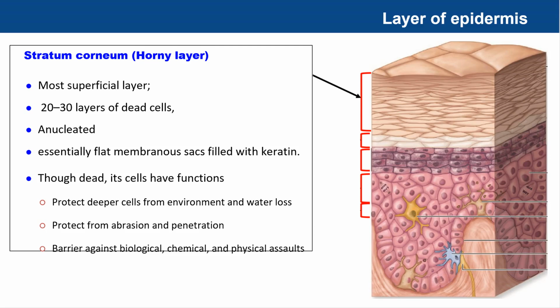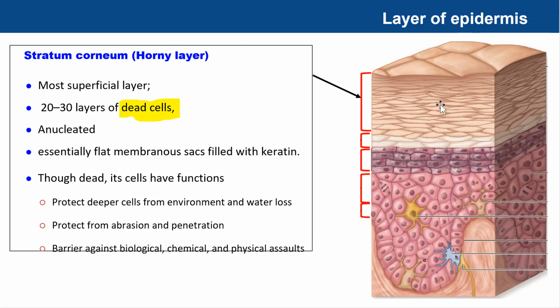A stratum corneum or horny layer. This is the most superficial layer, which has about 20 to 30 layers of dead cells. Yes, dead cells. Because you cannot find any nucleus here, there are no organelles inside of these cells, and these cells are just filled with the protein keratin, and they are dead cells.